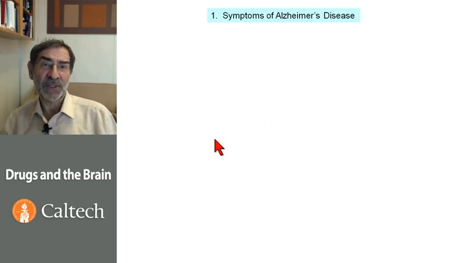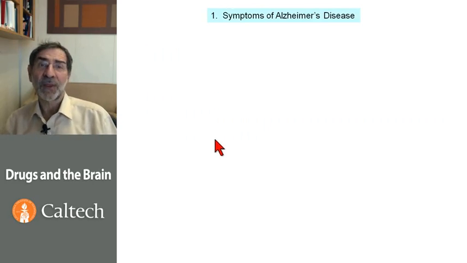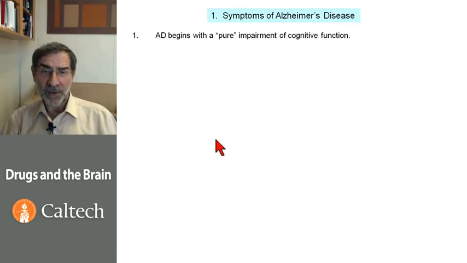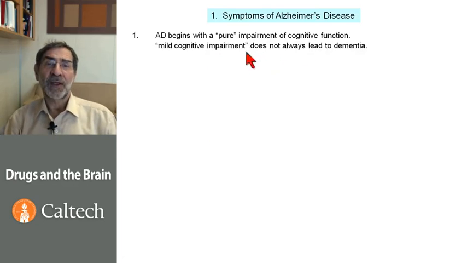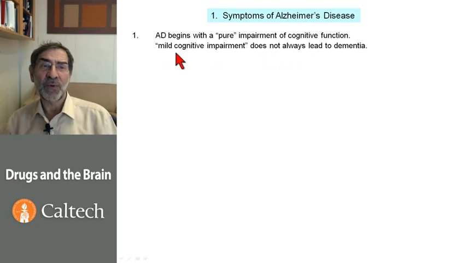First of all, the symptoms of Alzheimer's disease. Alzheimer's disease begins with what we might call a pure impairment of cognitive function. I should point out that what we call mild cognitive impairment does not always lead to Alzheimer's disease dementia.